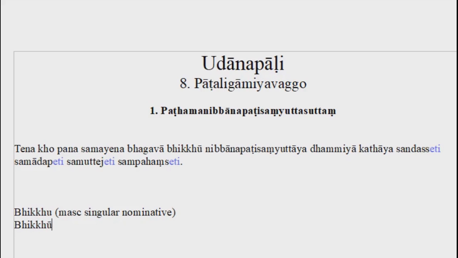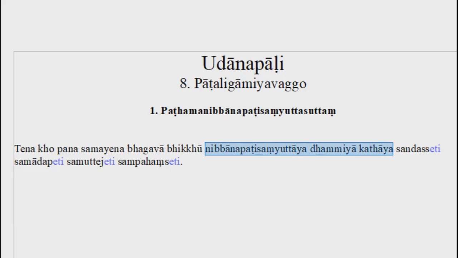Then we have Nibbāna-paṭisaṃyuttāya dhammiyā kathāya. So we've accounted for a subject, verb, and object, and now we have these other words. We can go to kathāya. That is a noun. Kathā, I think we came across in Vacchagotta as well. Kathā means talk, maybe speech. And because it is this feminine ā ending type of noun, we don't know, seeing āya, whether it's genitive, dative, instrumental, ablative, or even locative.